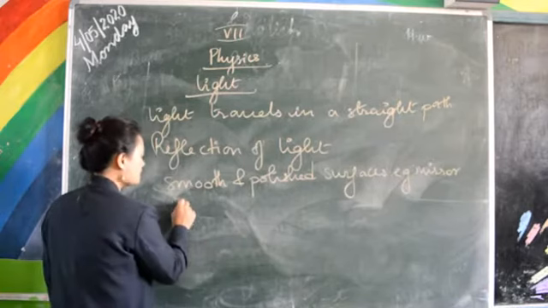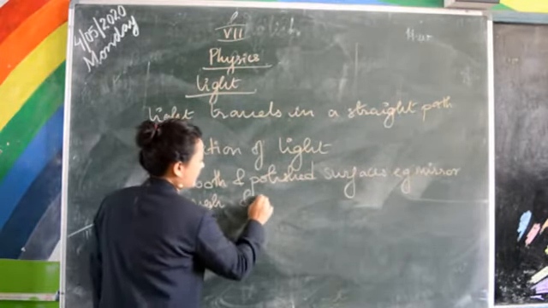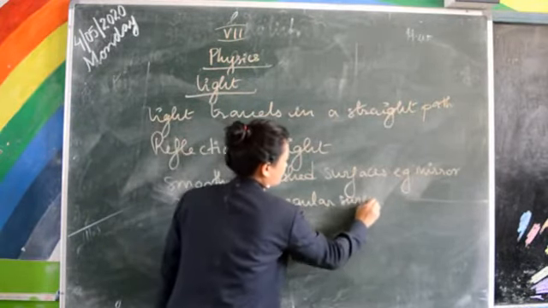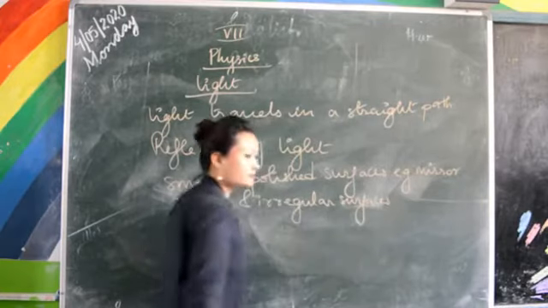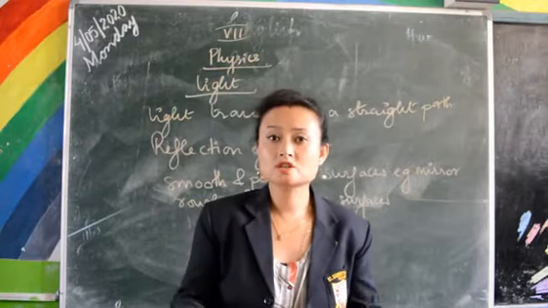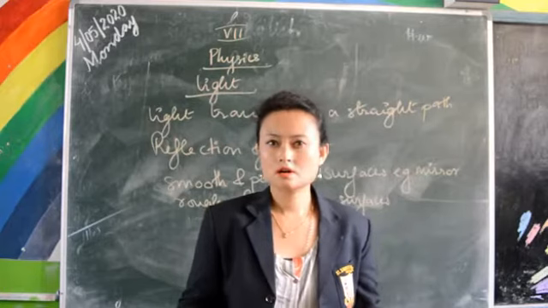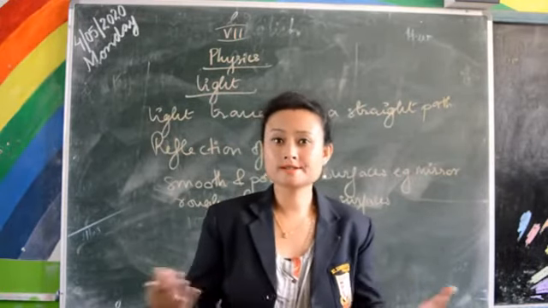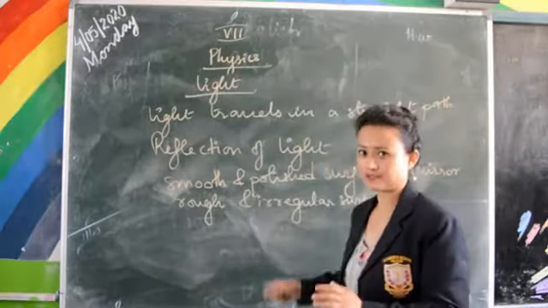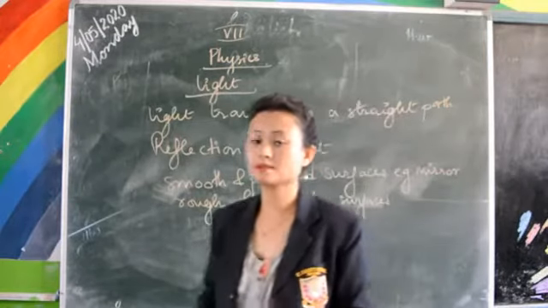And the other one is rough and irregular surfaces. Examples are the ground, not paved ground, and walls which are not polished. These are examples of rough and irregular surfaces, and smooth and polished surfaces, for example, are mirrors.